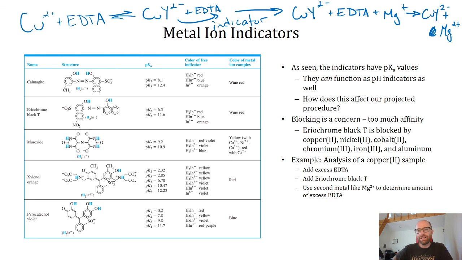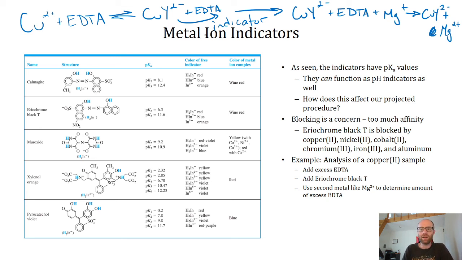Now the idea here is, yes, your indicator has a high affinity for copper, too high of an affinity, but of course when you're adding your indicator, you're adding minuscule amounts. So the idea here is that since you have excess EDTA, you add a drop or two of your indicator, yeah, the indicator might grab some of the copper, but there's so little copper once it's already at that equilibrium with EDTA, that you can actually maybe get your magnesium to trip the indicator as well, and so you'll still get some data.